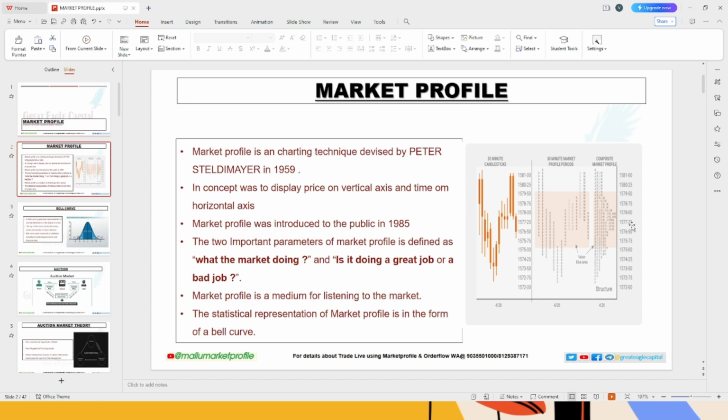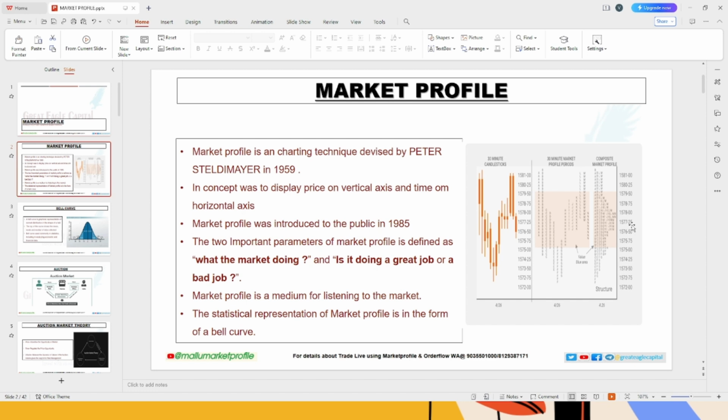So by understanding the market profile structure, you can have two answers for your trading setup: one, what the market is doing, and second, whether it is doing a good job or a bad job.